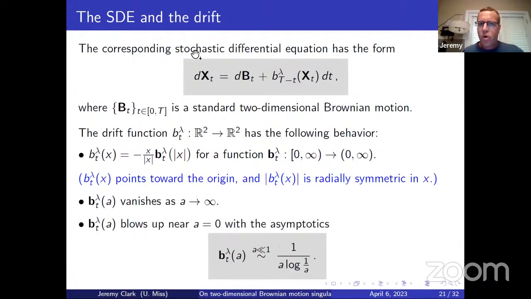The corresponding stochastic differential equation for this process has the diffusive term, which is just driven by Brownian motion, plus this drift. So what is the drift doing? The drift function is pointing towards the origin, so it's pulling the process towards the origin.